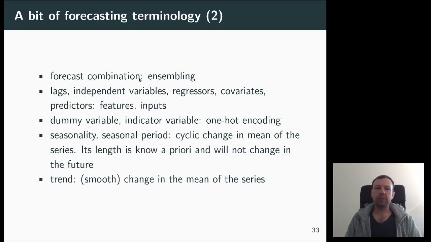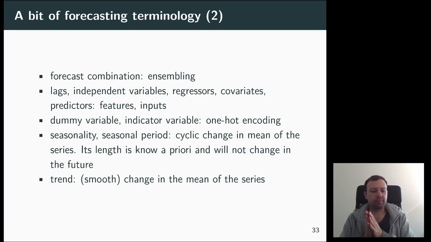Forecast combination, that's what we in machine learning would usually call ensembling. Lags are past data. A lag 1 means, if I'm today, a lag 1 is yesterday. So it's always the value before. Independent variable, regressor, covariate, predictors, that's features or inputs.